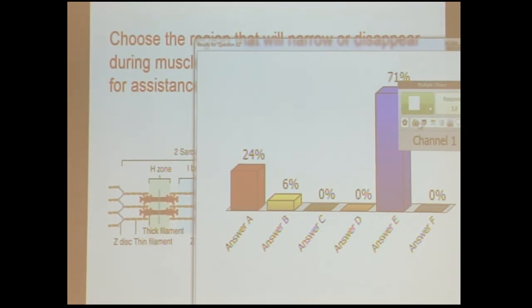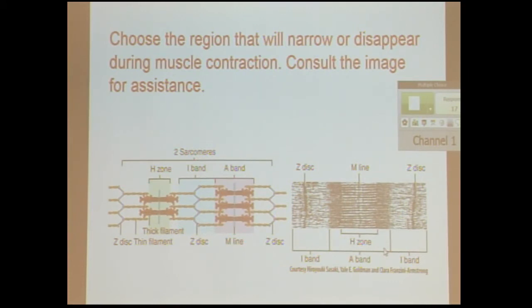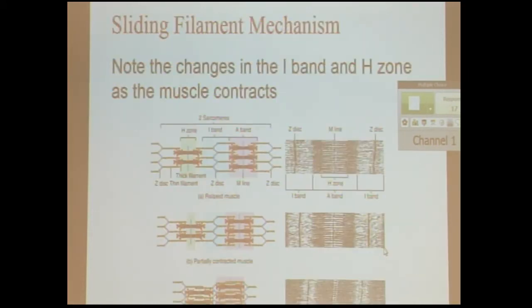All right, so mostly people put E, which is correct. So if you look back at this one, if you squish them all together, what are you left with? Basically only overlap. And the overlap, do you remember what the overlap was? Yeah, the overlap is the A band.